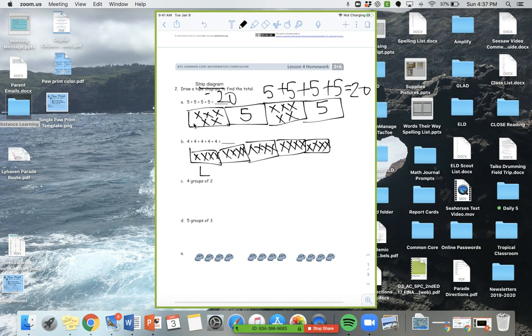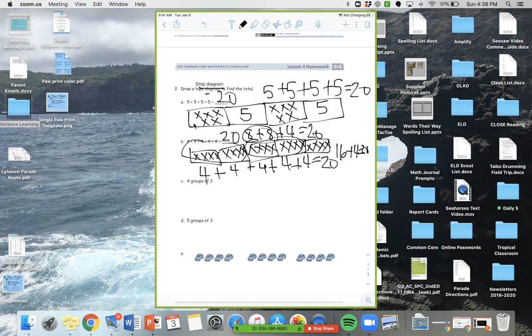So I can write 4 plus 4 plus 4 plus 4 plus 4, which equals, I know 4 plus 4 is 8, and then another 4 plus 4 is 8. 8 plus 8 is 16, plus 4, which equals 20. Oh, I forgot to write the number on the line.